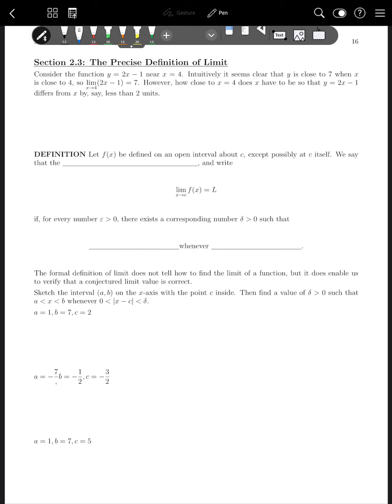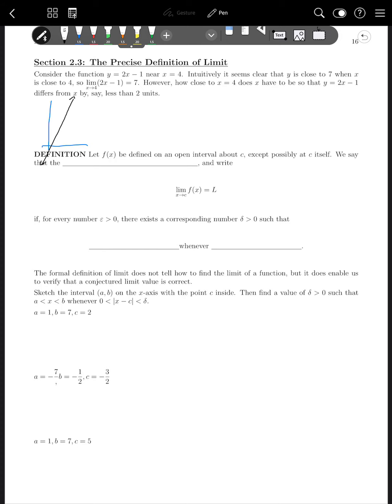So the idea here is what we like to work out: if we fix a range around the function value that we want to be from that limit, can we always find a range around x that would work? So in this example, we've got a graph that looks something like this.